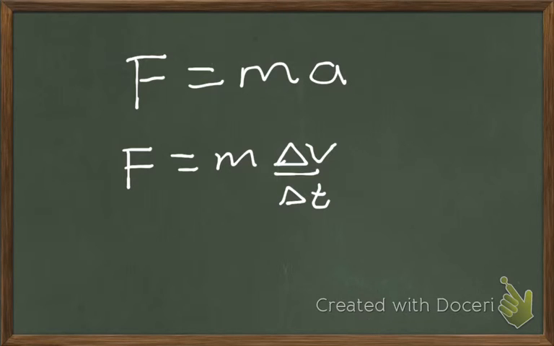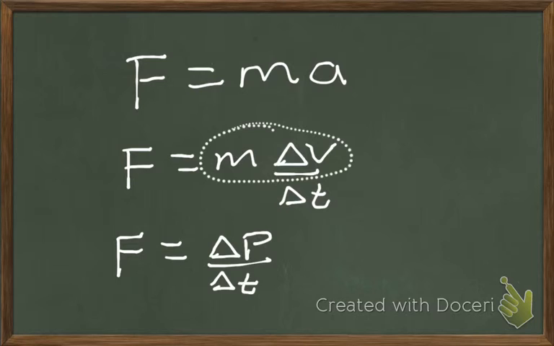If we look at the very top portion, sorry, I don't know why I said portion. The top part, that's m delta v. Well, our new equation has momentum. It's in terms of mass and velocity. So if we have m delta v, what we really have is a change in momentum.